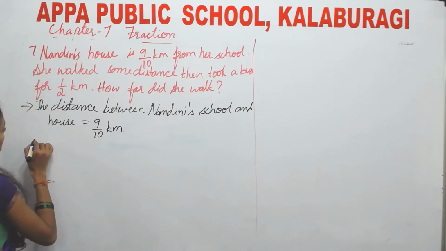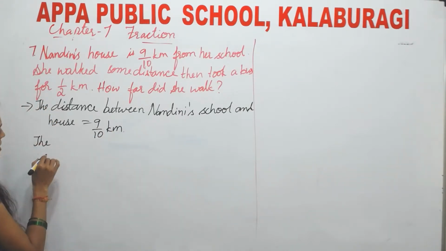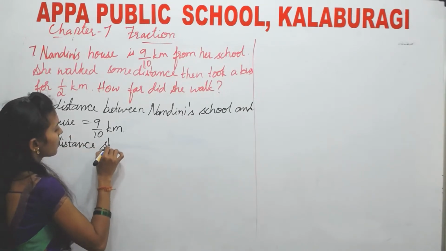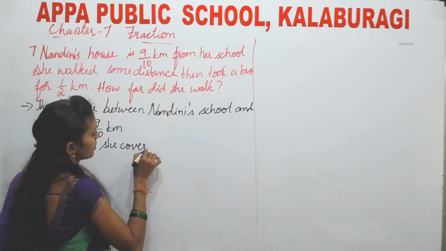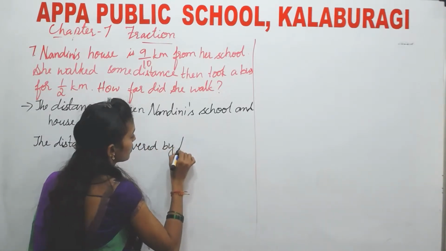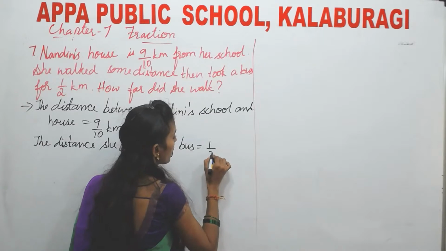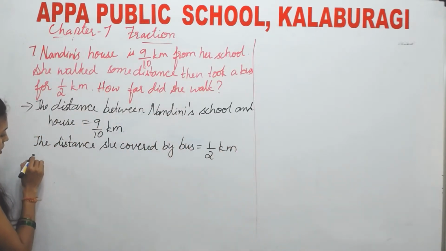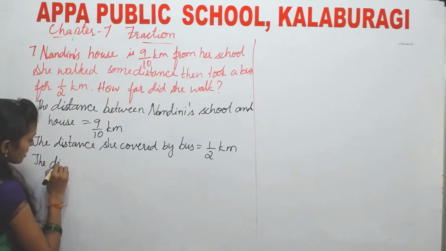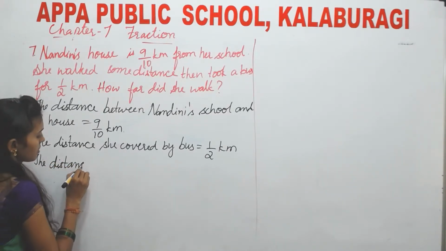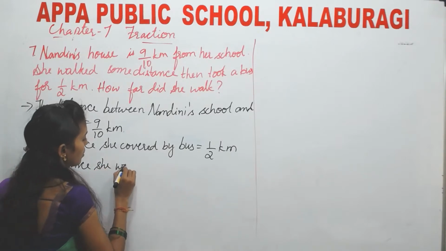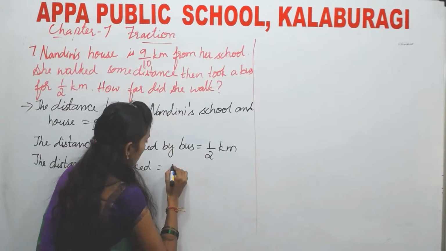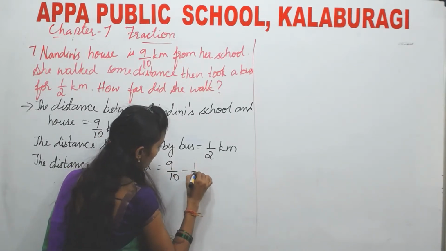Then the distance she covered by bus, how much? 1 by 2 kilometer. Then the distance she walked is 9 by 10 minus 1 by 2.